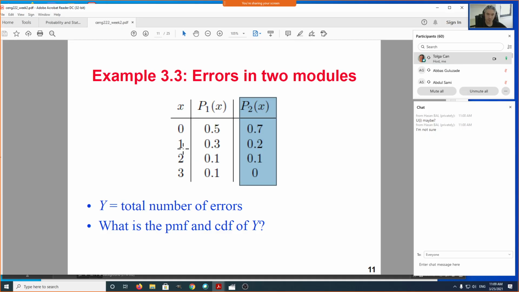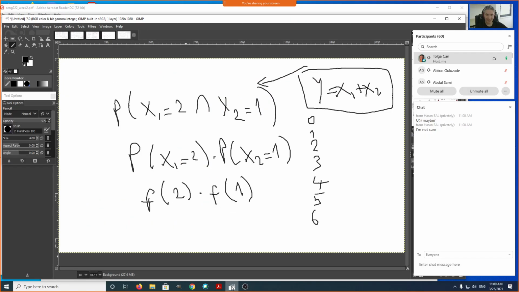Let's get back to this. Module 1 can have at most 3 errors. Module 2 can have at most 2 errors. So the largest value y can take is 5. If you write 6 in your table, this f6, you should write it as 0. So how do we compute the probability of f0 in our case? What is the probability of y being 0?